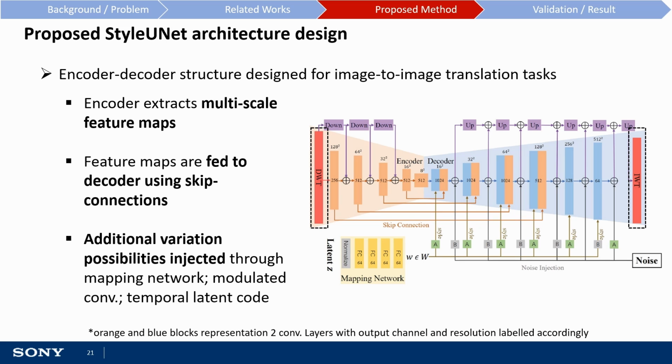The unlabeled modules, shown as orange and blue rectangles, represent two convolution layers with output channel and resolution labeled accordingly. The output is basically a three-channel photorealistic portrait image with a resolution of 1024 by 1024.